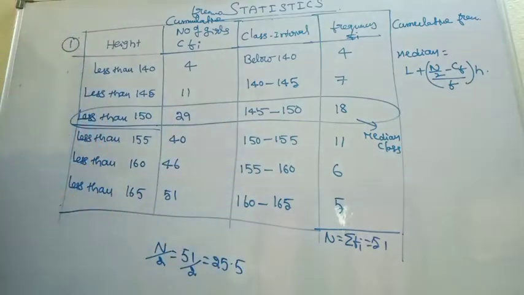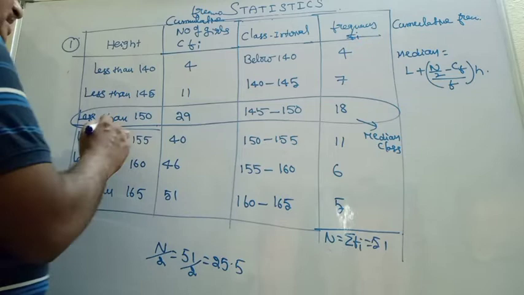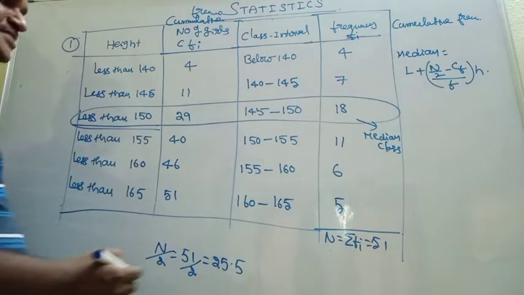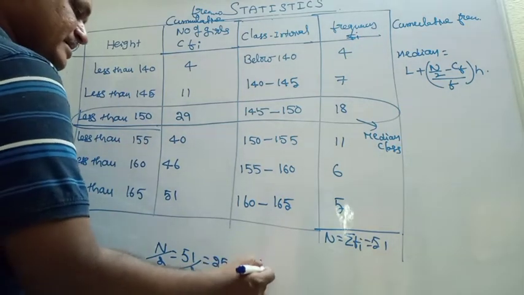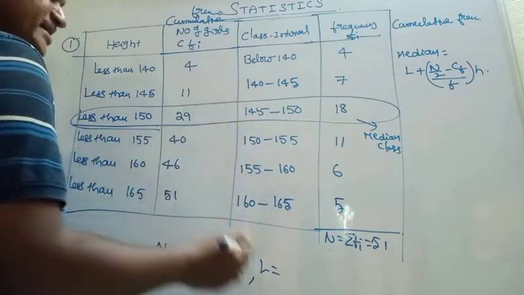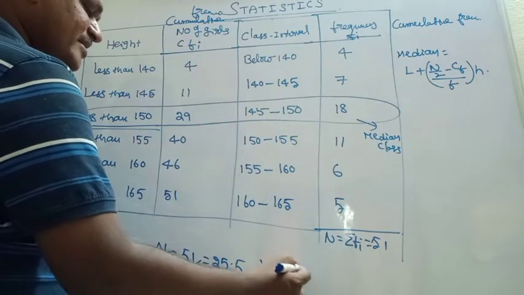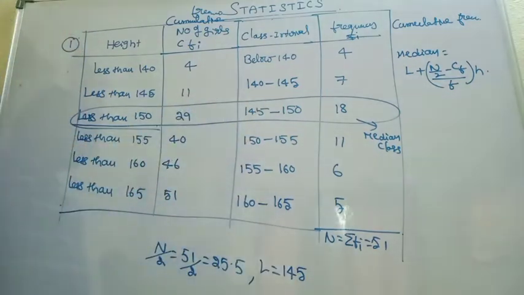Once we have got the median class, my dear students, L is nothing but the lower boundary of the median class, that is 145.